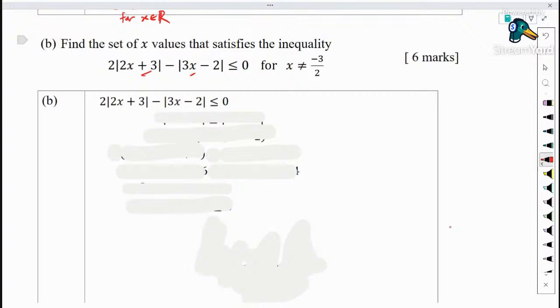For example, some students consider each of the terms that I highlight here separately, and square them separately, which means that in your calculation you square like this.